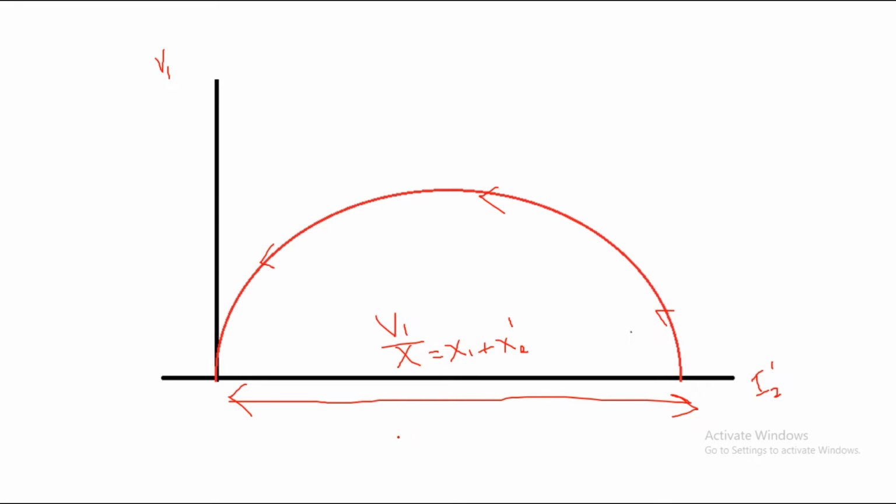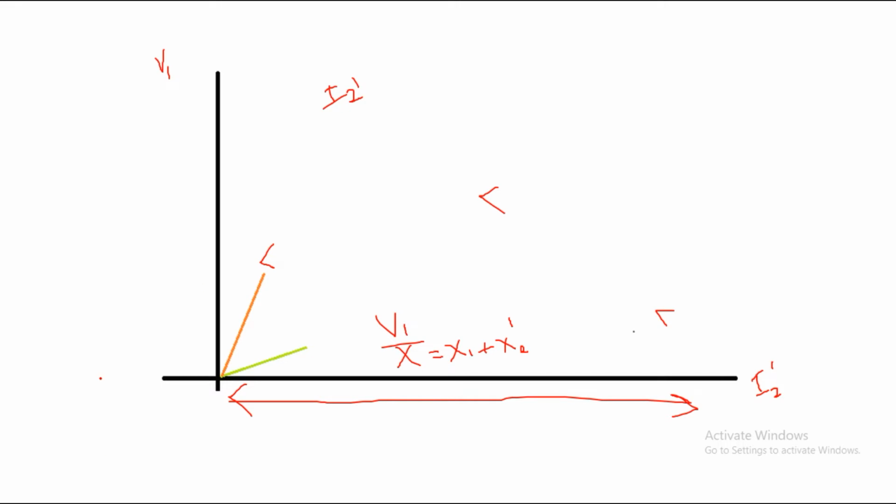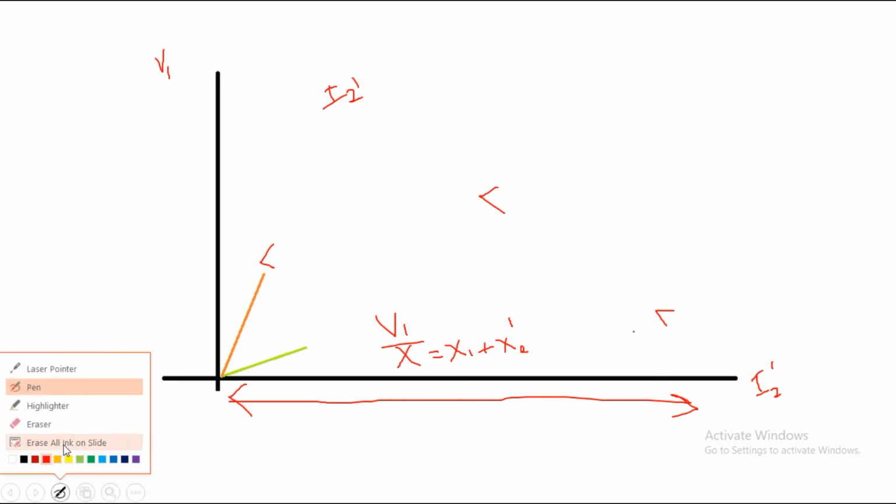So this is about the locus diagram of I2 dash. We are clear about I2 dash for including it in the diagram. Now we'll see how to include I0 as well as I1 in the circle diagram. For that we know I1 is the vector addition of I0 and I2 dash.